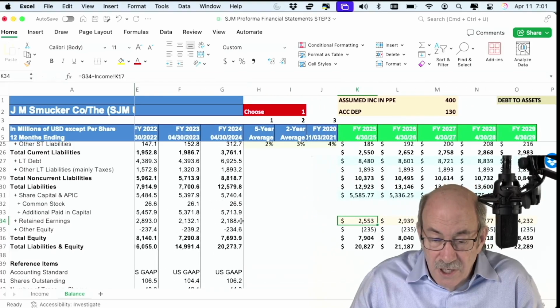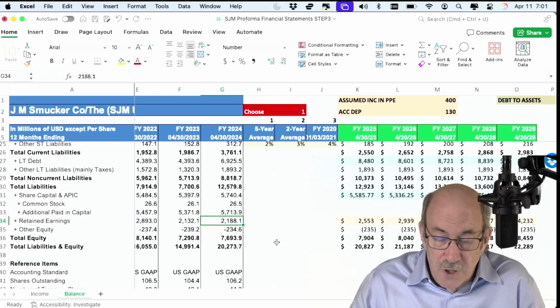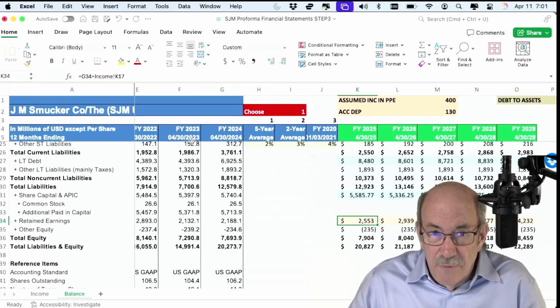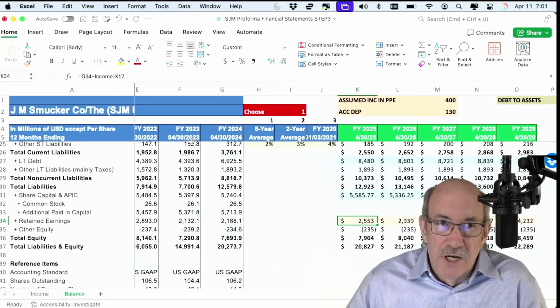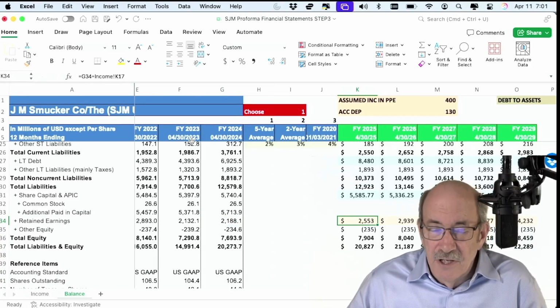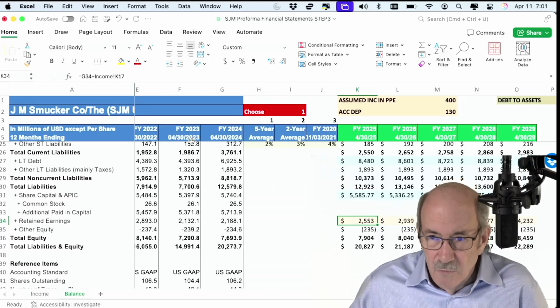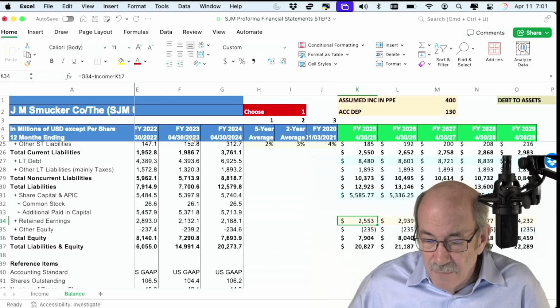So retained earnings back in 2024 were $2.188 billion. Okay, so it'll be at least that, as long as we made money and we didn't pay everything out in a dividend. It'll be 2188.1 plus what we earned this year that didn't get paid out.